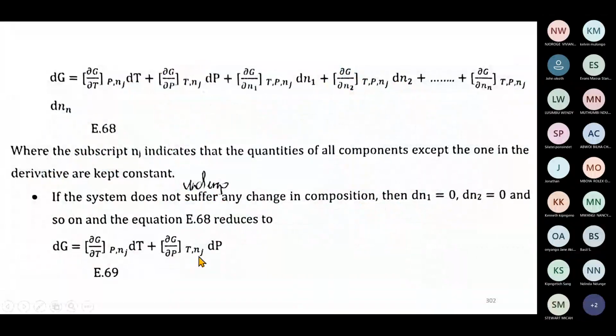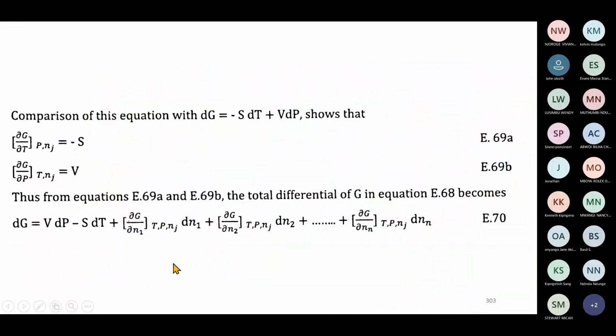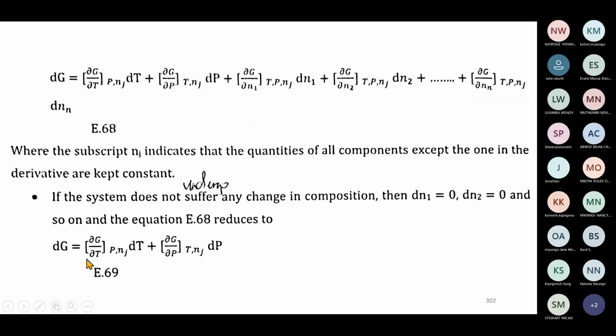Now, if you compare this expression with the expression that we came up with for a one component system, notice that there are some similarities. We have a term times dt, plus another term times dp.